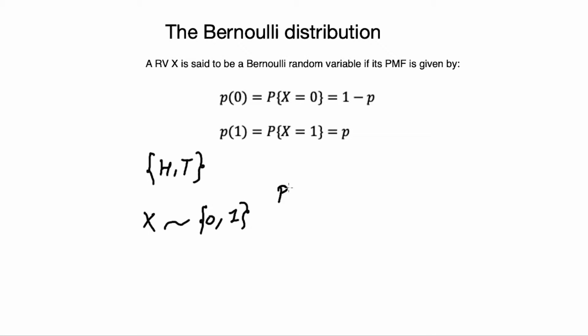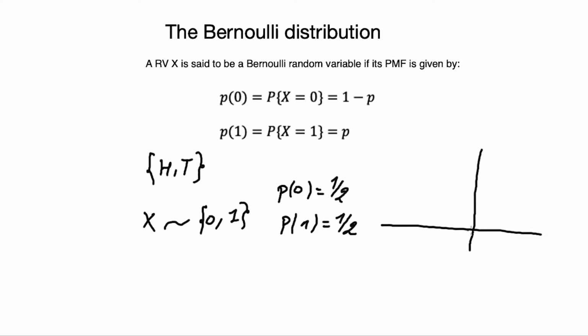So the probability of 0, which means the probability that we get head, if p equals 1/2, will be 1/2, and the probability of 1 is equal to 1/2. So this is the Bernoulli distribution, and its PMF is represented by that.